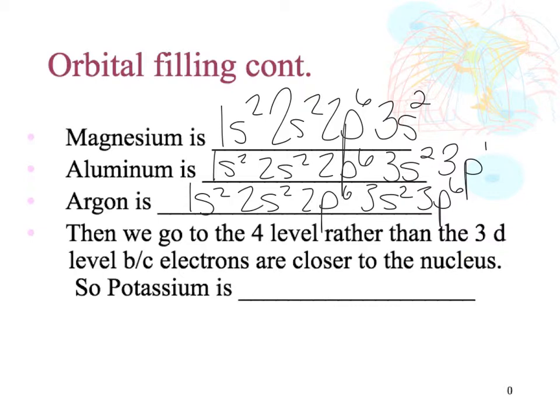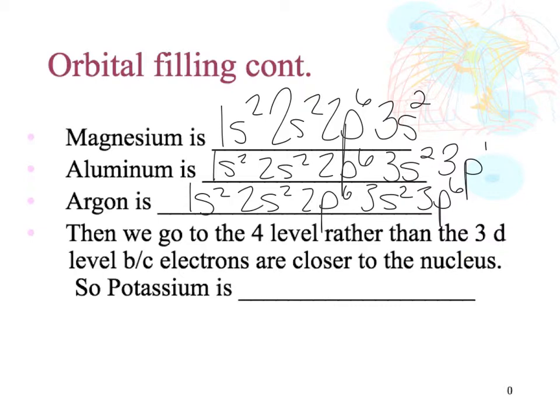So, let's take a look at what we would do next. Now, energy level 4 actually gets filled up sooner. 4s gets filled up sooner than does 3d. So it's one of those weird little things where 4s dips closer to the nucleus than 3d does. So it's a little weird.